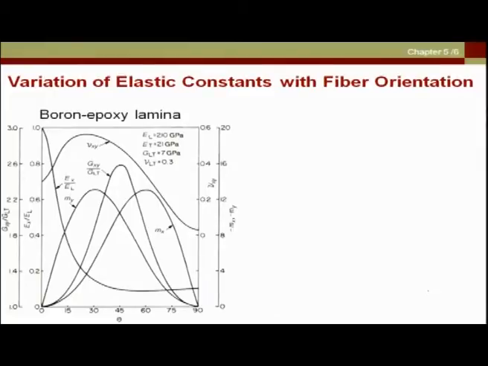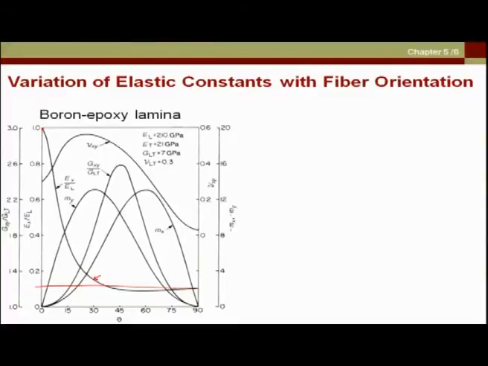So, what do we see in boron epoxy? This is the graph for Ex divided by El, and what we see here is that, once again as expected, it starts at 1.0, which means at 0 degrees Ex will be the same as El, which is 210 GPa.